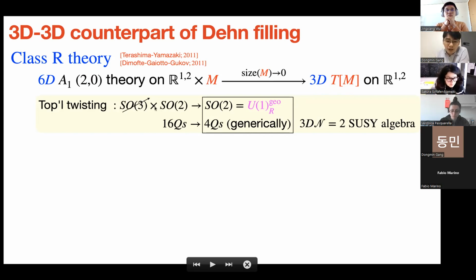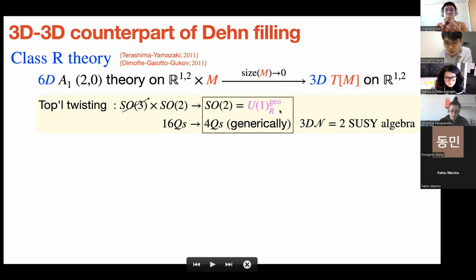After this topological twisting preserves a subset of the supercharges, the resulting theory preserves four supercharges, and generically it becomes a 3D N=2 superconformal gauge theory. The remaining U(1) R-symmetry, the SO(2) out of the SO(5) R-symmetry in 6D, becomes the U(1) R-symmetry.